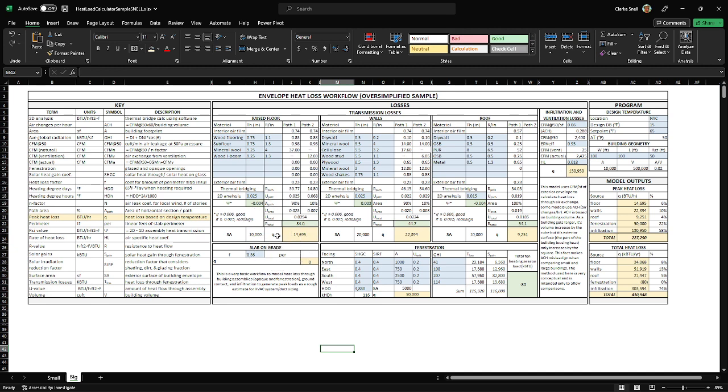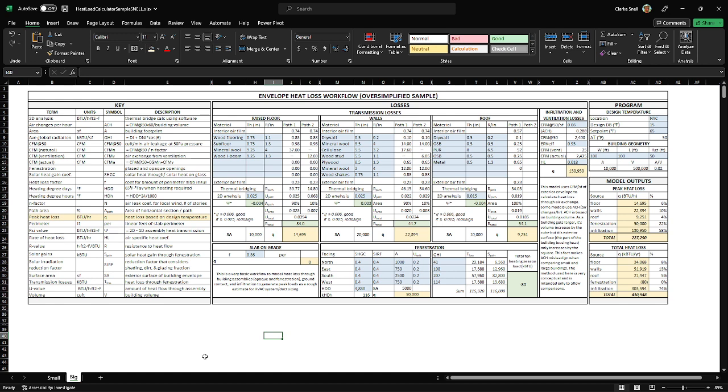So I've defined all my terms on this side, and in order to make my spreadsheet more compact, I'm using symbols. For example, this is the thermal bridge loss, and where's my symbol for that? It's called psi value. That's the symbol. It's BTUs per hour per square foot degree Fahrenheit. I'll talk about that in a second.